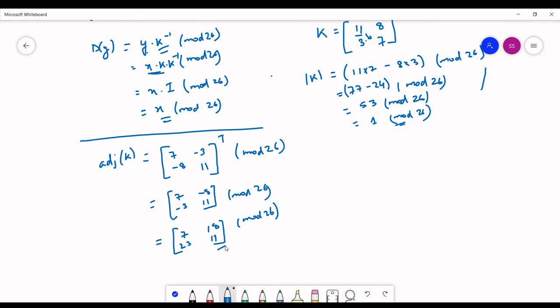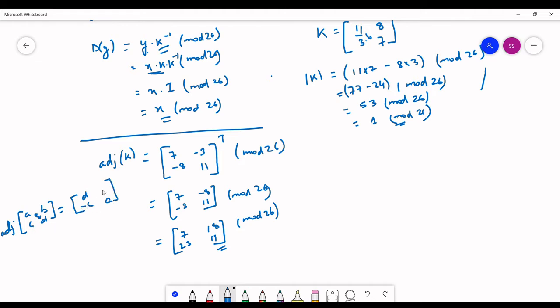For finding the adjoint of a 2 by 2 matrix, there is a simple method. If you have to find the adjoint of a, b, c and d, you can simply write it as: just exchange a and d, so this will become d and this will become a, and put a negative symbol at c and b.